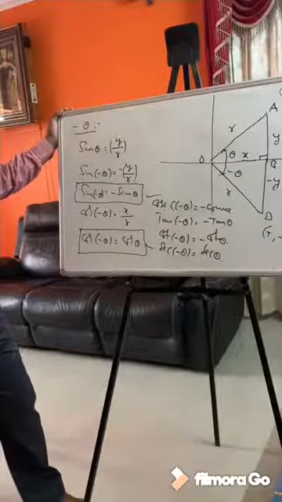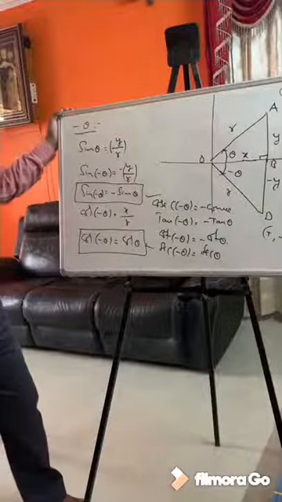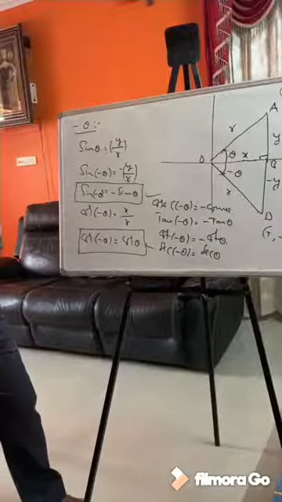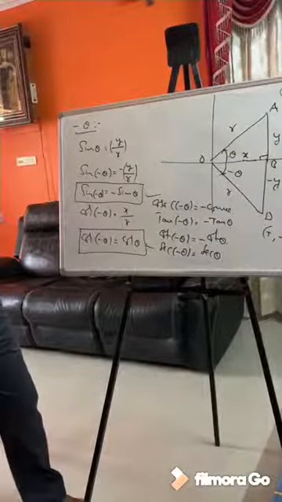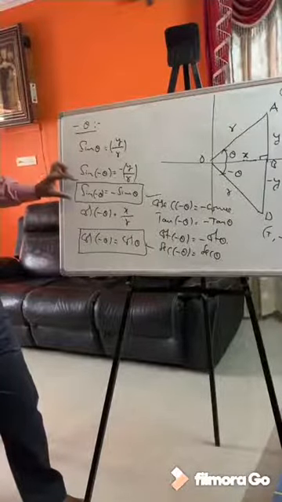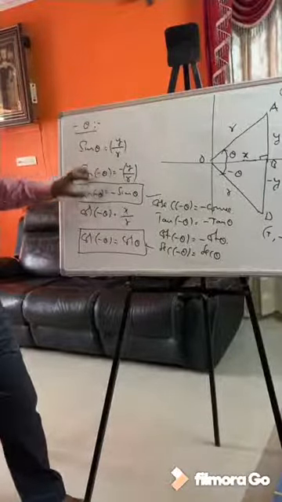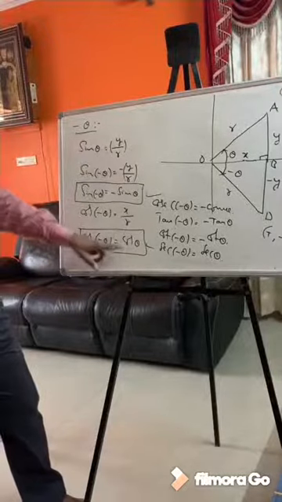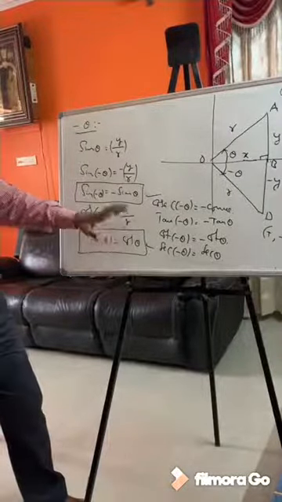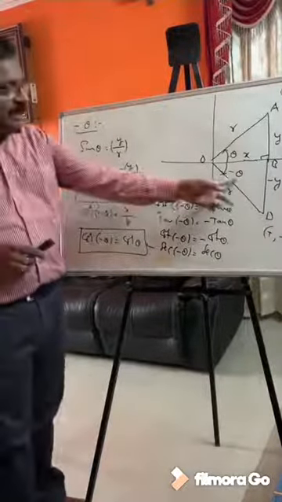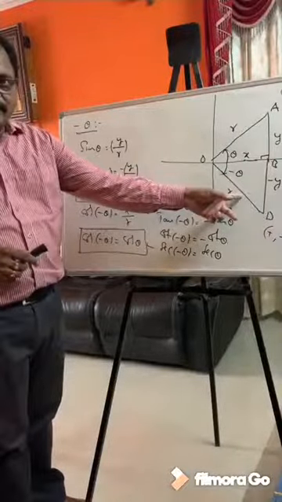Any doubt you can ask me in the next class, next video. If you have any doubts you can share, I can explain once again. No problem at all. So finally you need to remember sin of minus theta is minus sin theta, cos of minus theta is plus cos theta. See, one more thing you need to understand. Minus theta is in which quadrant? Fourth quadrant.